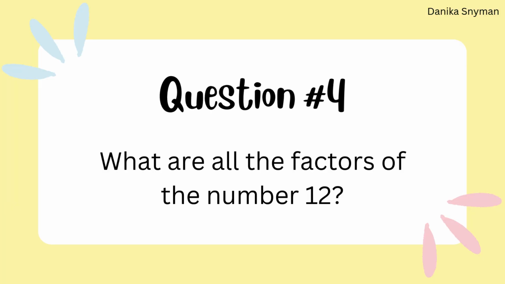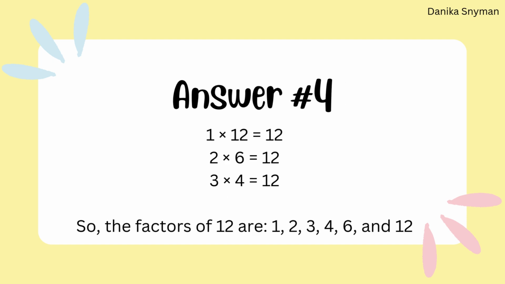Let's go a little bit harder and more difficult. Last one. What are all the factors of the number 12? Think carefully on this one. Okay, I'm going on. You can pause the video if you still want to do it. So 1 times 12 equals 12. 2 times 6 equals 12.